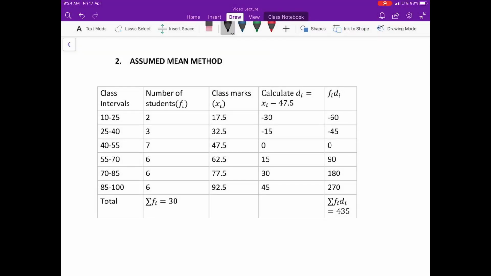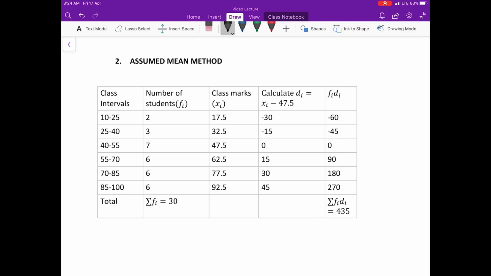Dear students, we have studied the first method, the direct method, for finding mean of grouped data. Now we will move to the assumed mean method. What is the need of the assumed mean method? Because in most real life data, the xi value is very large, so calculating the product of fi xi becomes very tedious.